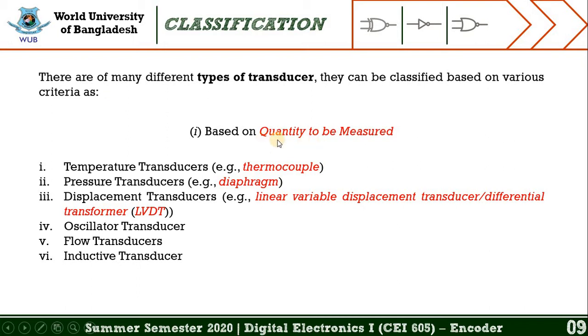Number one, based on quantity to be measured: temperature transducers, for example thermocouple; pressure transducers such as diaphragm; displacement transducers such as linear variable displacement transducer, which is in short LVDT. Next, oscillator transducer, flow transducers, inductive transducers.